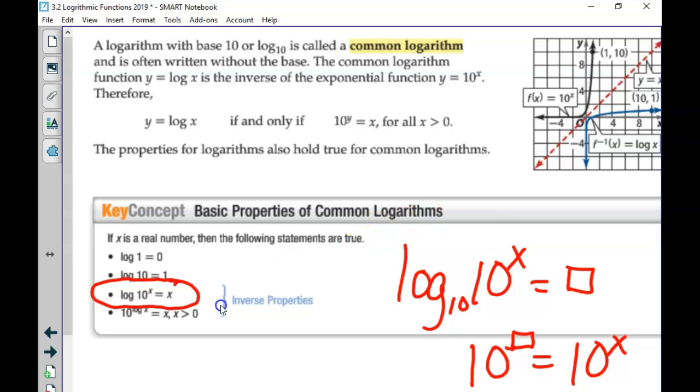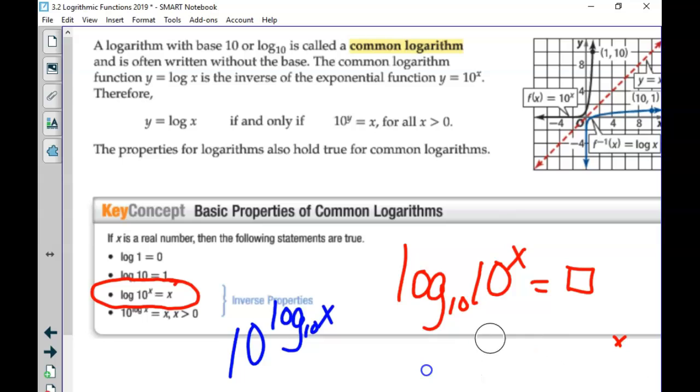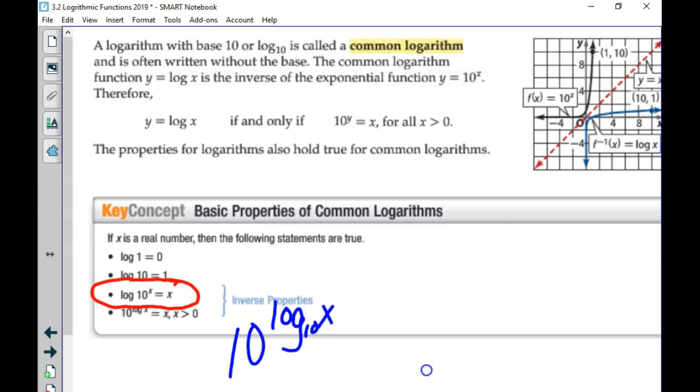Okay. And then this one, sorry, I didn't write it right. 10 to the log of x, which is also log base 10 of x. They want to talk about what to do with that. What kind of a problem is that currently written as? An exponent. So how do I rewrite it as a log?